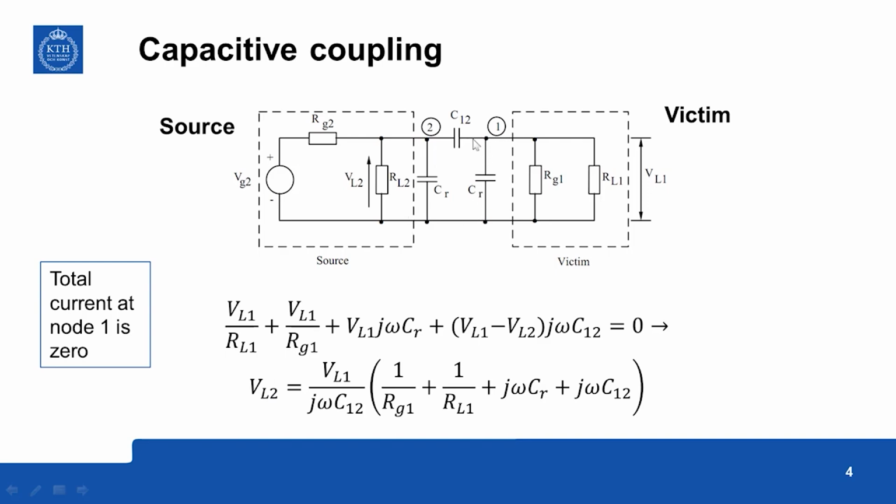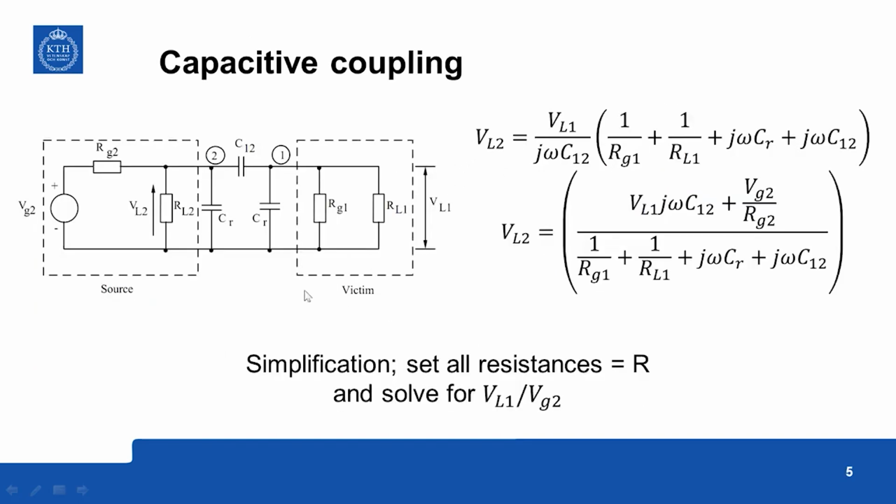Then you will get the voltage difference across this. So VL2, you can simplify the expressions and you will end up with an expression like this. These types of manipulations you can do at home, so we will not spend too much time following the steps involved in the manipulation. It is basic circuit analysis.